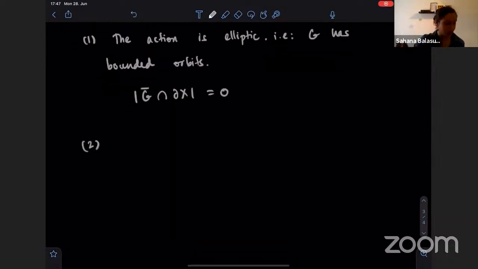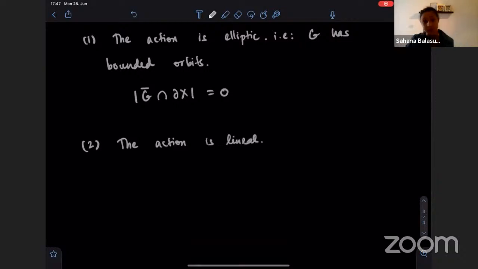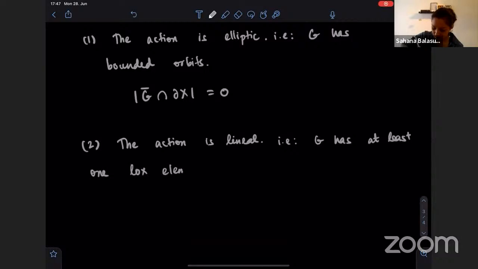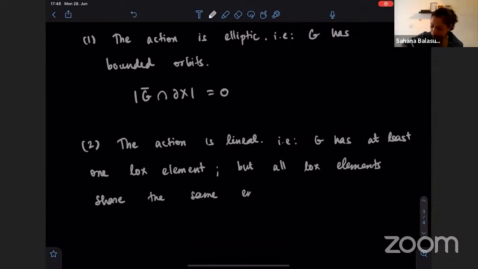The second possibility is that the action is lineal. And what does this mean? It means that G has at least one loxodromic element, but all loxodromic elements share the same endpoints on the boundary of your hyperbolic space.